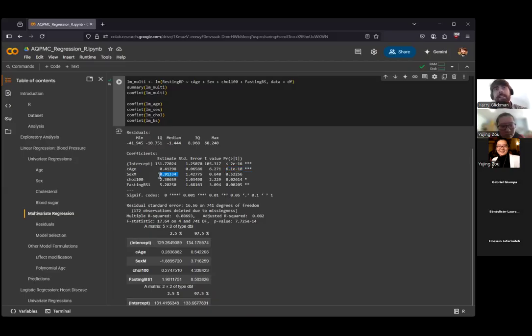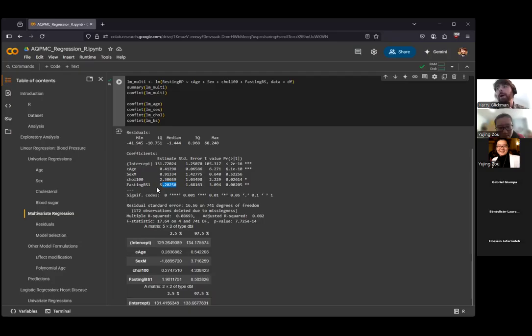The estimate for sex is like a 1 unit increase, but non-significant. The estimate for cholesterol is a 2.3 millimeter increase, significant. And again, this is per 1 unit increase in our transformed cholesterol value. So a huge jump in the distribution being associated with a small increase, although it's significant, but clinically, probably not so much.